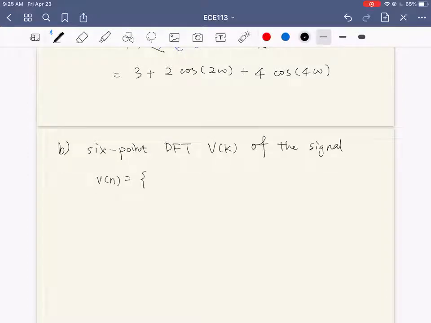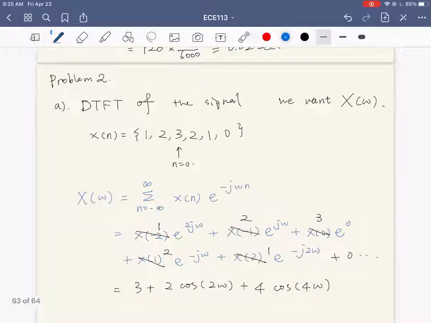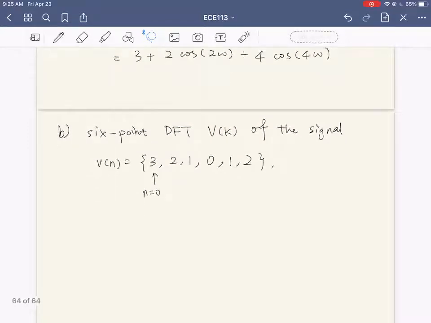For convenience, we write 3 as the start point of the signal, and then it is periodic with a period of 6 in the time domain, so we can make a smart change to x of n. We basically do nothing but shift the 1 and 2 to the end of the sequence, because it is periodic for the DFT, so they are basically the same.